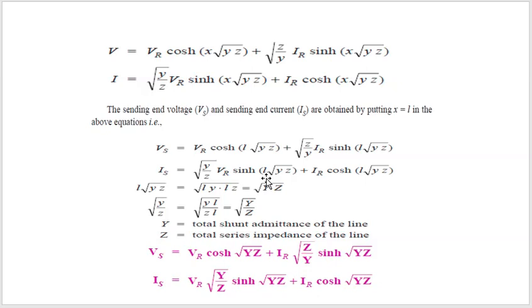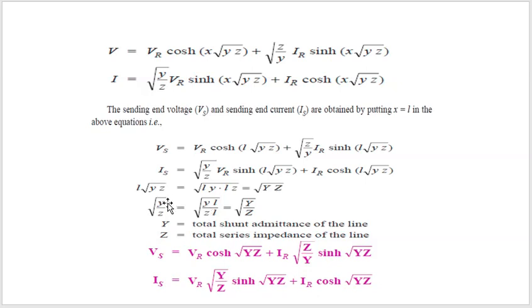Now the value which is in the angle of sinh will be L into √(yz), where √(L y into L z) will be equal to capital Y and capital Z, where L into y is the total admittance and L into z is the total impedance of the line.